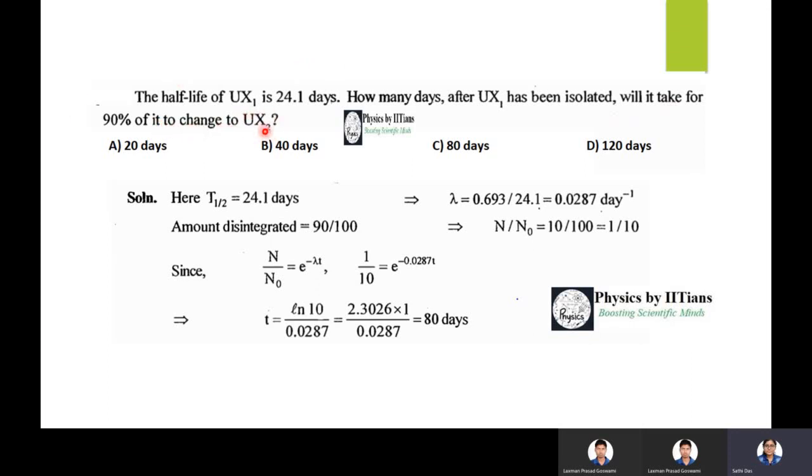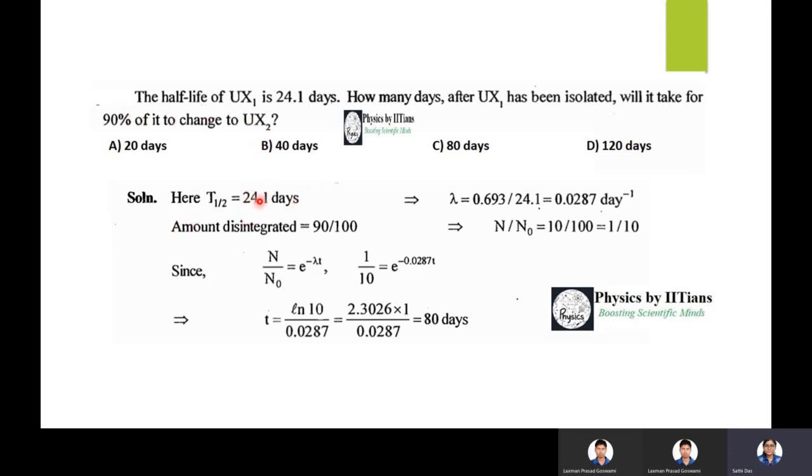You only have to consider the time from N0 to N. N0 is UX1 and N2 is UX2, and the half-life of the parent nucleus is given as 24.1 days. They ask how much time the parent nucleus takes to decay to the daughter nucleus, such that 90% of it has decayed.